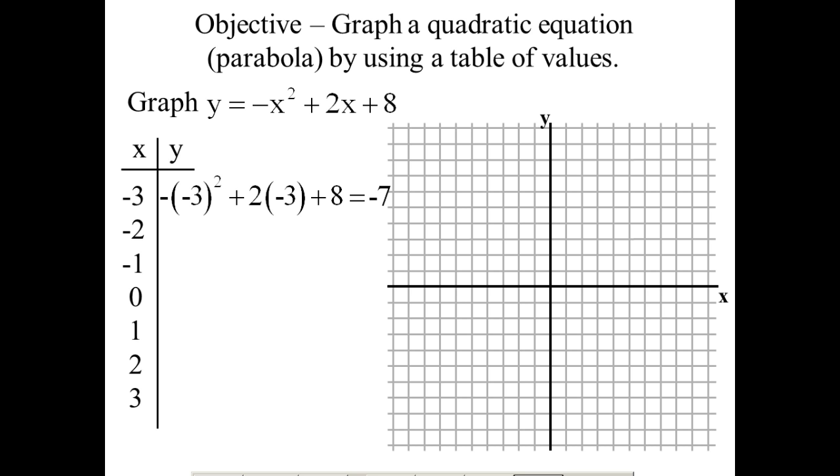So it's important to realize that, so you do exponents first. Then you multiply. So it's really -9 minus 6 plus 8, minus 15 plus 8 is -7. So if we can't do this basic order of operations we learned back in the 7th grade, it makes it kind of difficult.